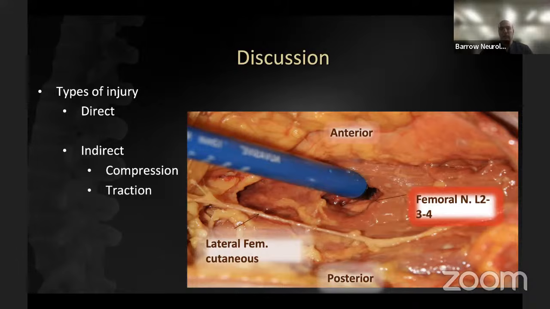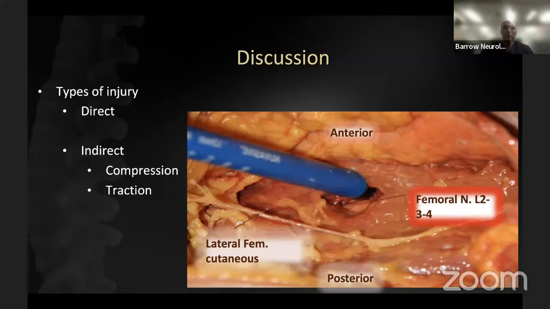The difference between compression and traction is just how the force is applied to the nerve. Compression is when force is applied perpendicular to the long axis of the nerve. So if this is the long axis of the femoral nerve, when the retractor is open, if it applies force perpendicular to that long axis, that would be compression. And if it applies force along the long axis of the nerve, that would be traction.